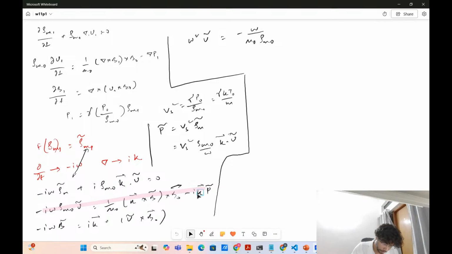So this should be the vector mu naught rho m naught k cross b tilde times p naught plus vs square k dot u tilde. So just replacing p with this, and b with this.